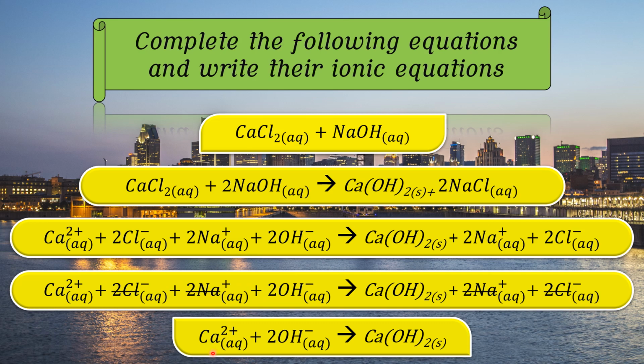So our ionic equation will include calcium ions, hydroxide ions, to give us calcium hydroxide, which is a precipitate. So that is our ionic equation.